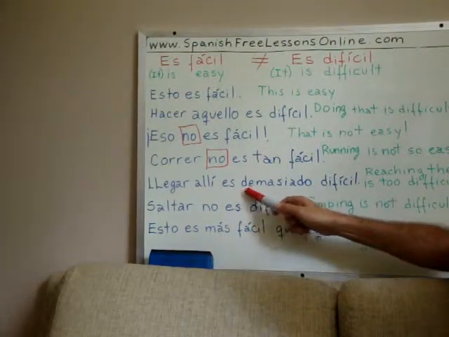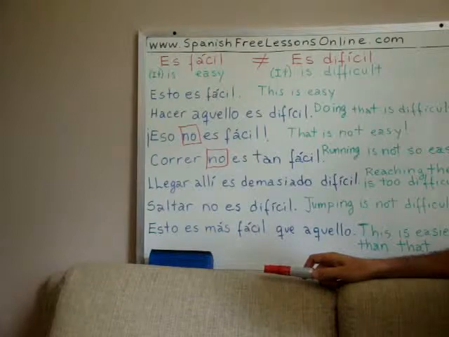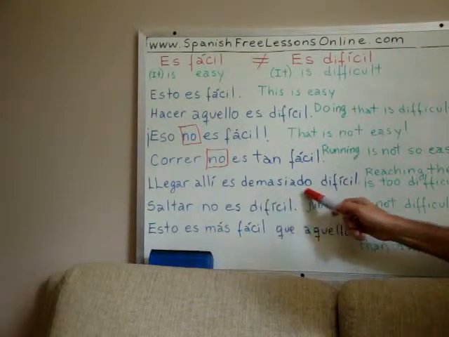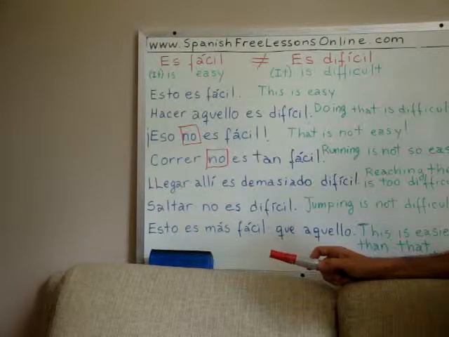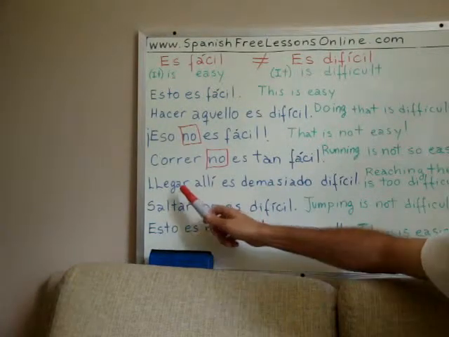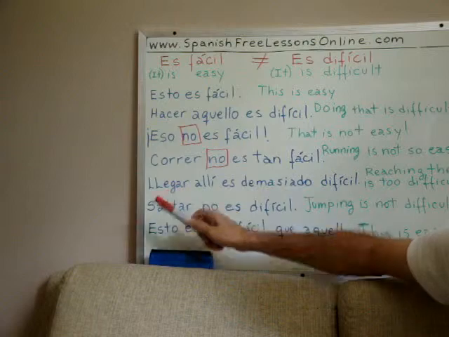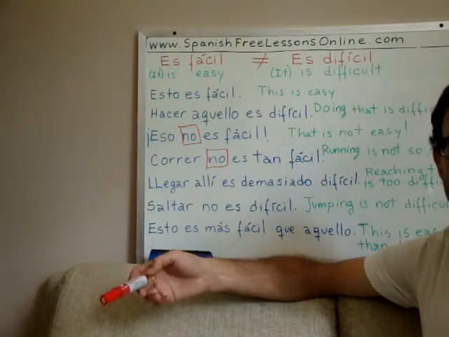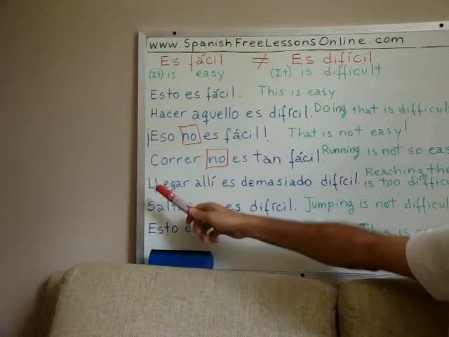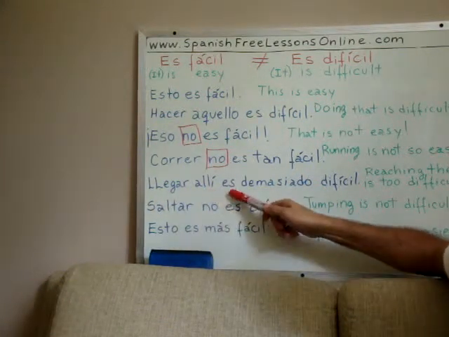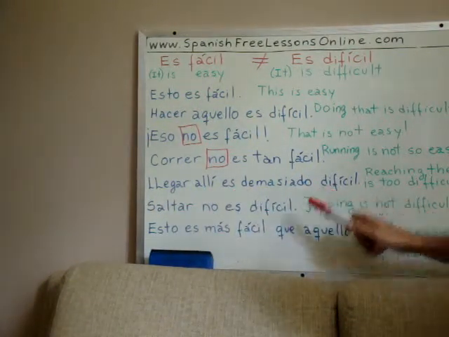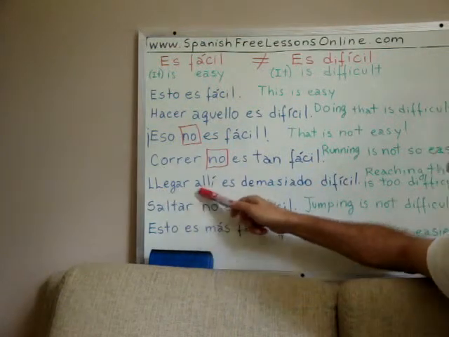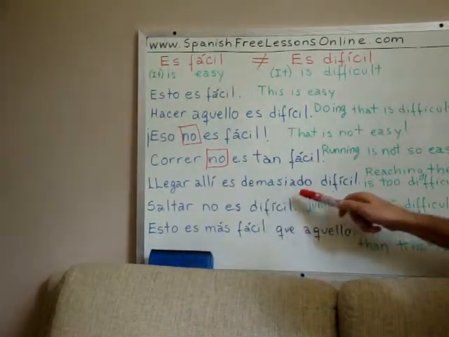The word demasiado, four syllables, demasiado, means too, from too much. So, llegar is to get somewhere or to reach somewhere, right? So, getting there is too difficult, or reaching there is too difficult.